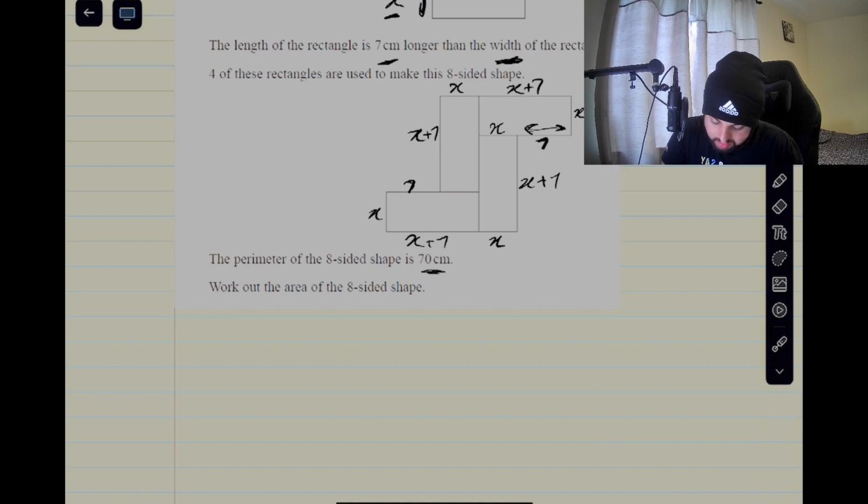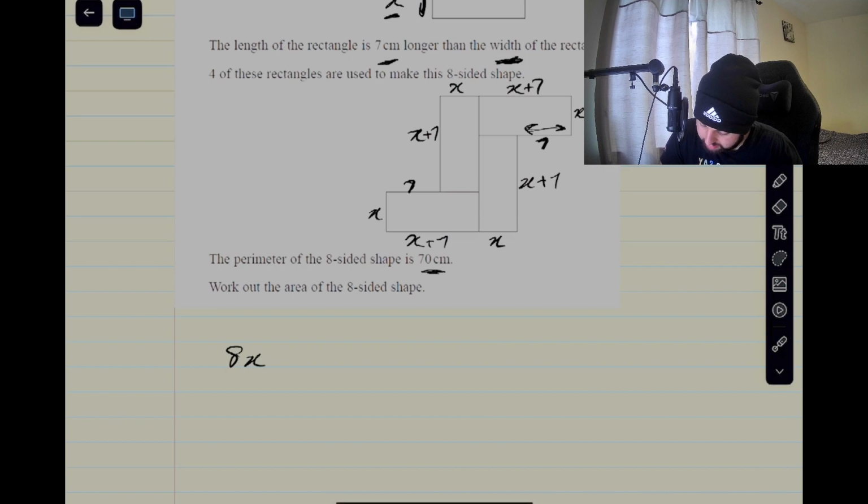Now we're gonna add up all the x's, and we're gonna add up all the 7s. We're just gonna rub this x out so it doesn't bring me any confusion. So we got 1, 2, 3, 4, 5, 6, 7, 8. We got 8 x's.